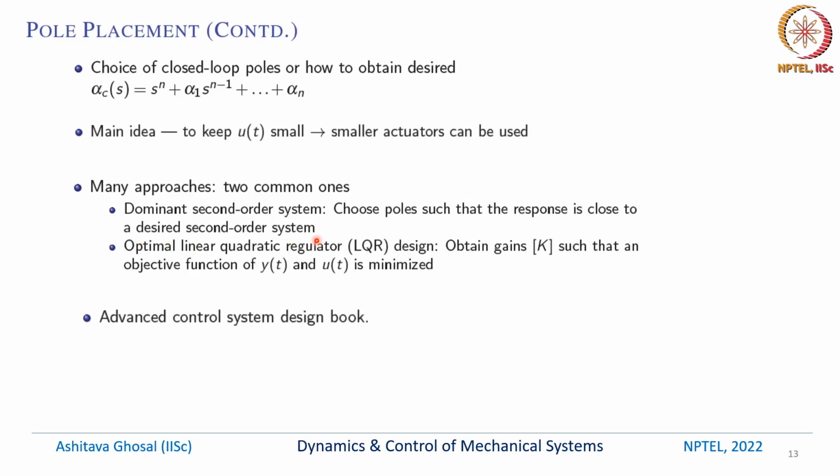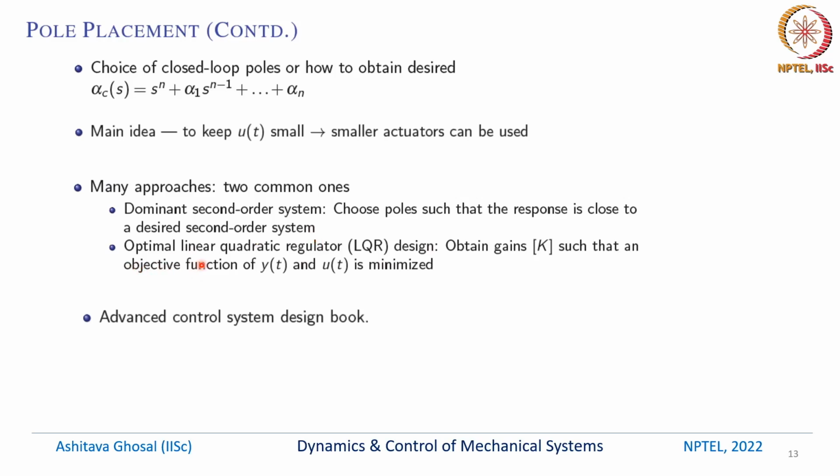If you have two poles close to the imaginary axis, we can easily see what is the settling time, the peak overshoot, the natural frequency, and the damping. All those things are clearly defined for a second order system. But if you have an nth order system, we pick two poles, and we say that my system should behave like these two dominant poles.